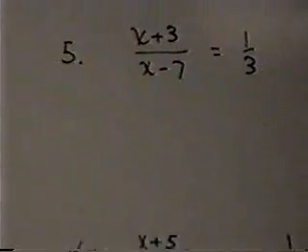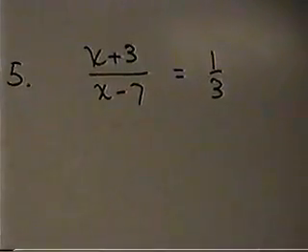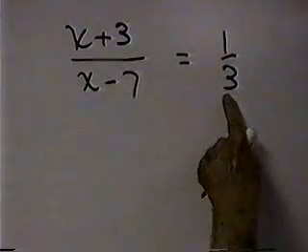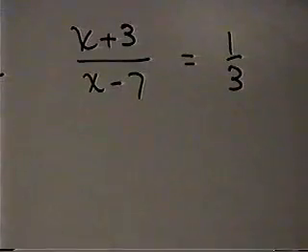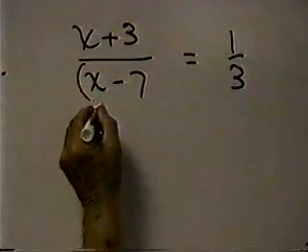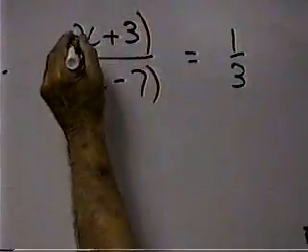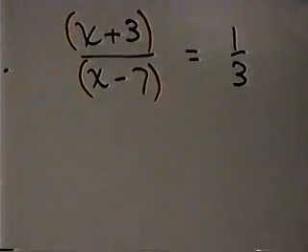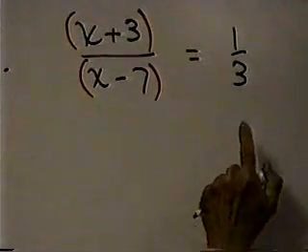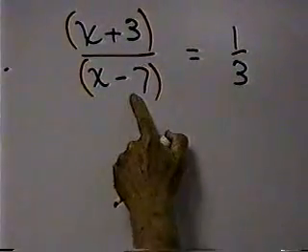All right, next example, the common denominator is 3. Oops, wait a minute. Remember, if you've seen my tapes, when you're working problems like this, first thing you do is put binomials in parentheses. All right, now the common denominator is this times that.